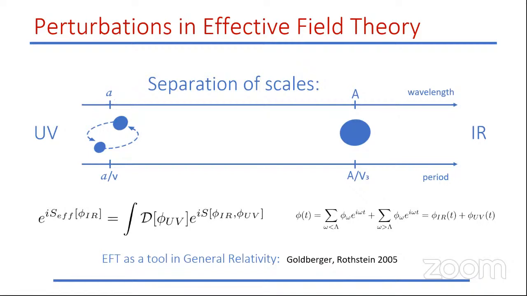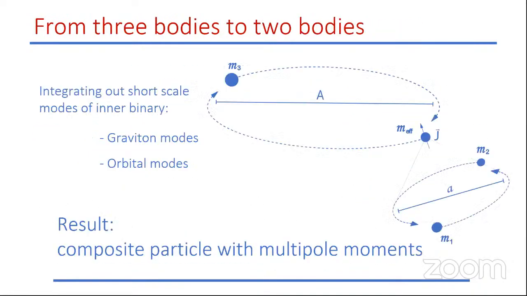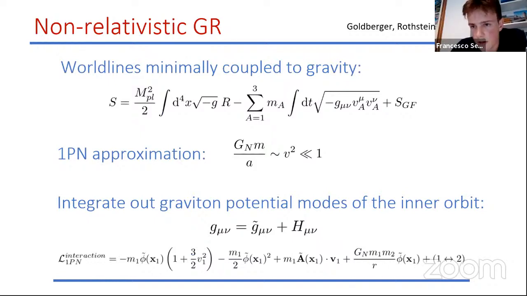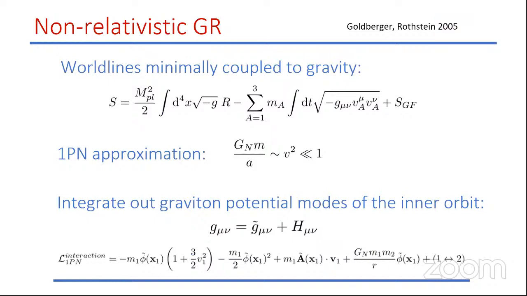And second, once you talk about the graviton, could you please go a little bit more? Here. So you say that there is a background g mu nu tilde plus a perturbation, but what is the perturbation parameter?